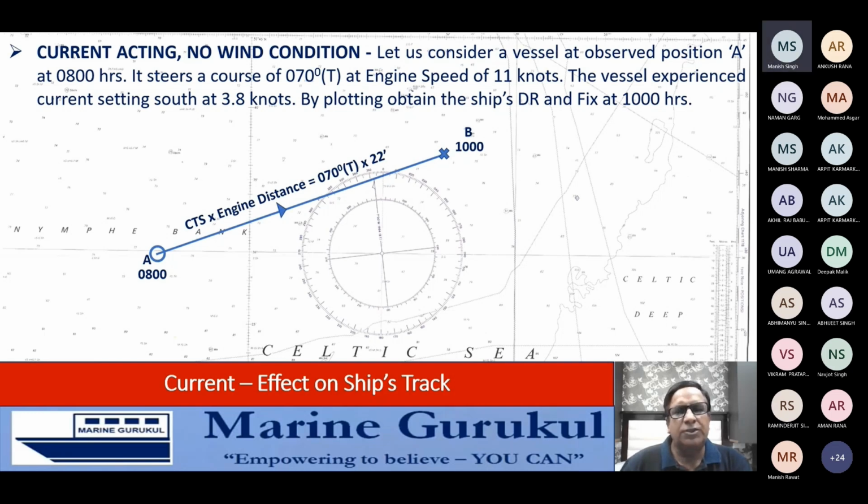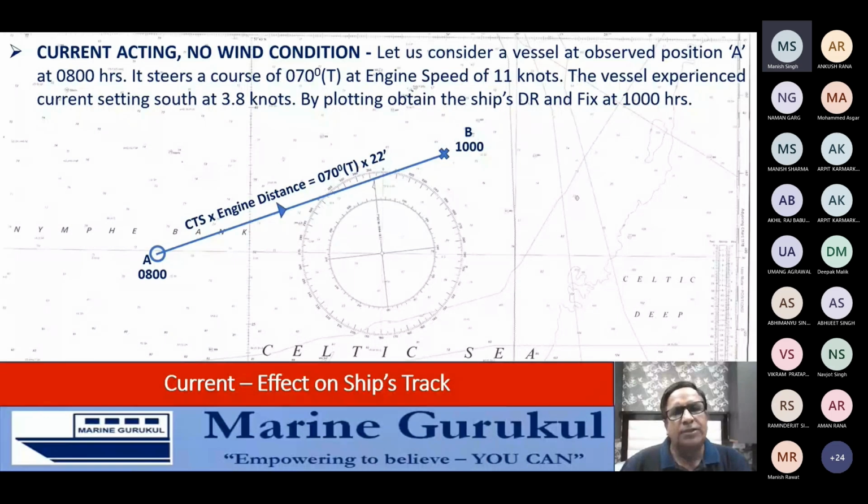So if only the ship's propulsion vector, CTS and engine distance vector, acts for 2 hours, then the vessel is expected to displace from position A to position B. So at 10 o'clock, you would expect the ship to be at B.